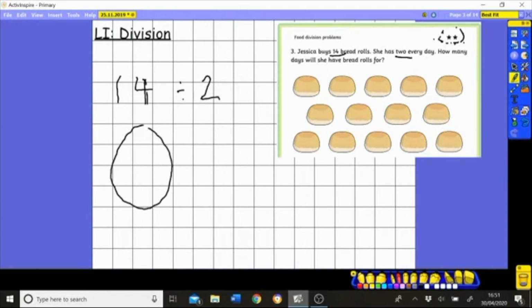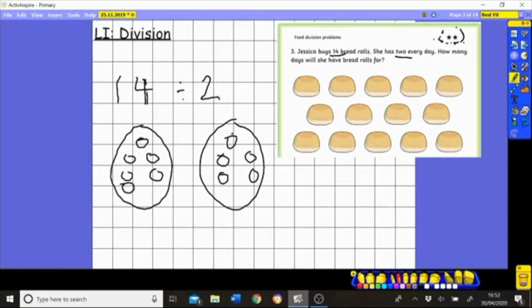So let's do our 2 groups. And we want to equally share 14 between these 2 groups. 1, 2, 3, 4, 5, 6, 7, 8, 9, 10, 11, 12, 13, 14.